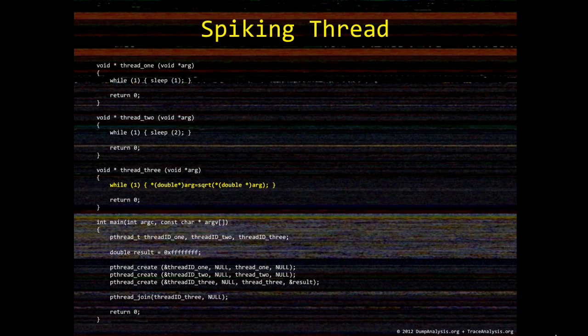Here's the source code of the application where one thread loops doing some math. You see it, thread number 3, thread underscore 3. So there is a while loop that repeatedly does a square root of an argument.